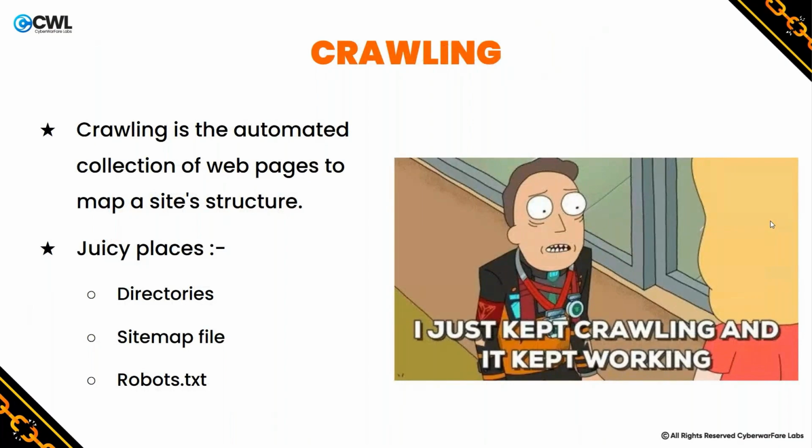Crawling is the automated collection of web pages to map the site's structure. What does this mean? Let's say we have one web application or API, and it has multiple pages, for example example.com/api/v1. Then we have users, and inside users we could have user info and user login.